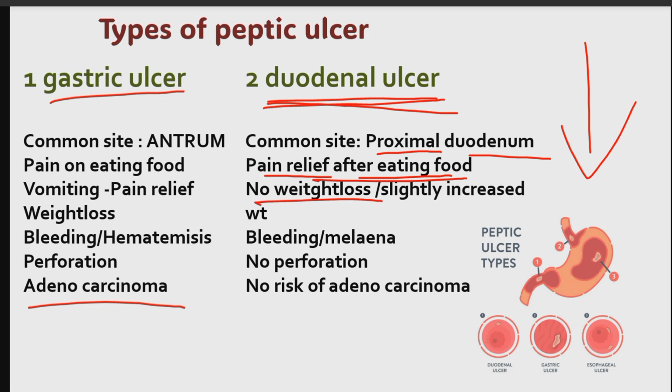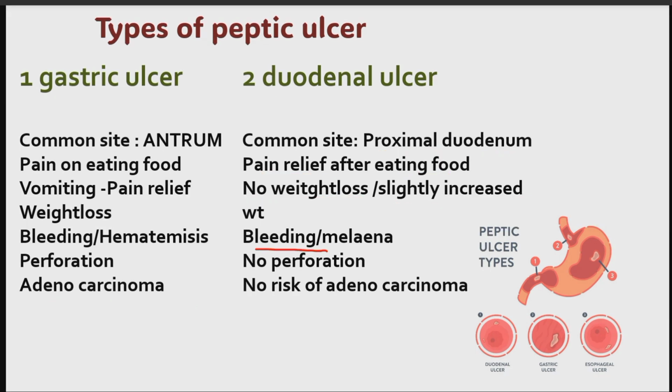There is no weight loss in duodenal ulcer because there is no vomiting. There is slightly increased weight, because after consuming food there is a reduction in pain, so the individual loves to intake food.